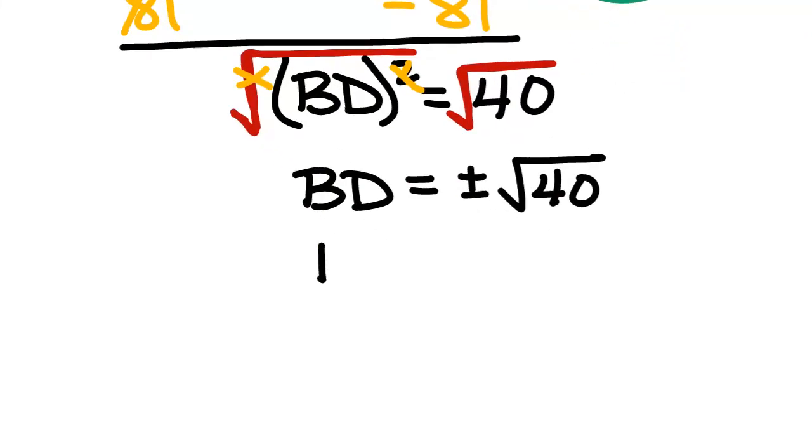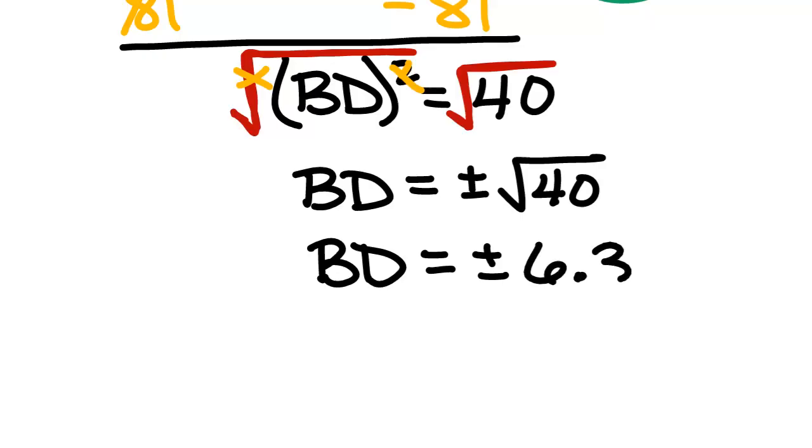What is the square root of 40 in decimal form? Grab a calculator if you need to. Let's take it out to 2 decimal places. 6.325.